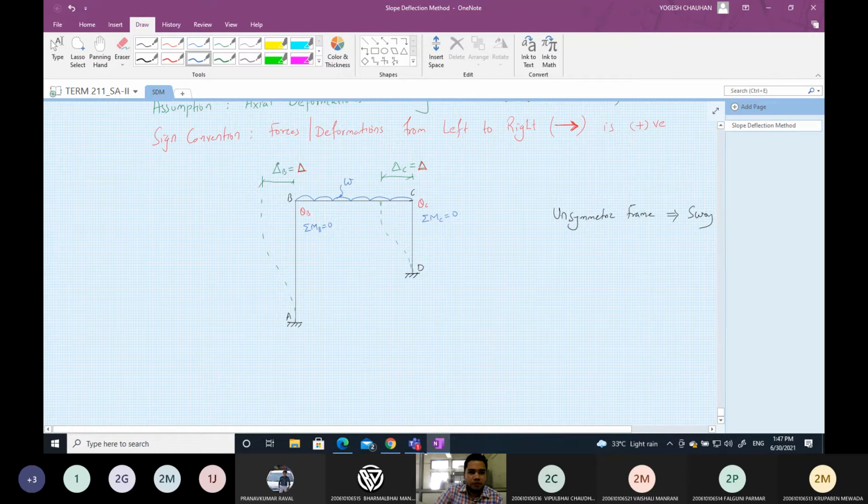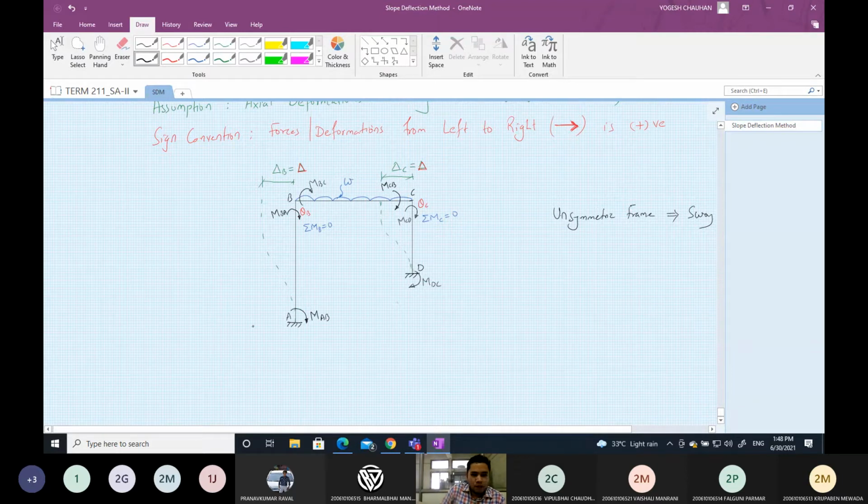So to derive this additional condition, let us say this be MAB, this be MBA, this be MBC, this be MCB, this be MCD, and this be MDC.